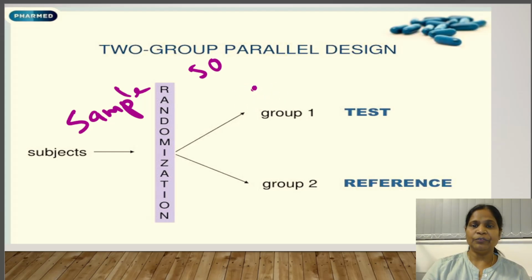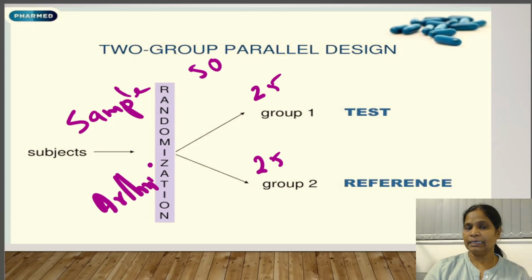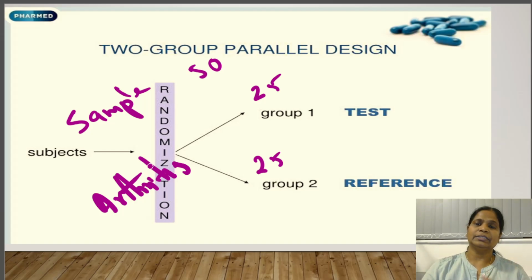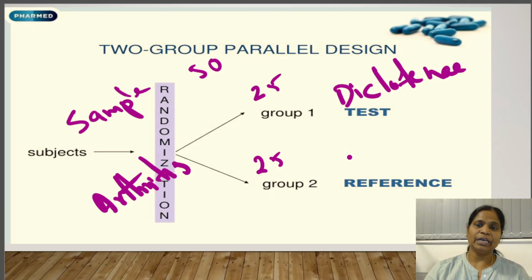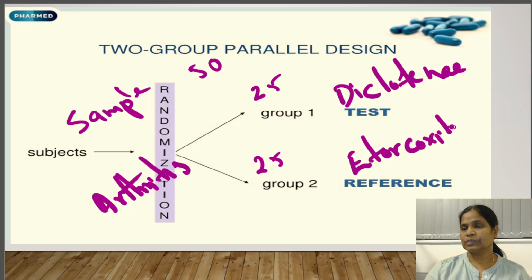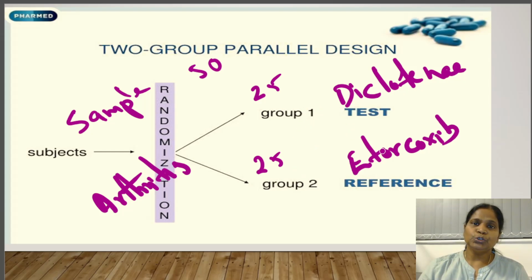Under that, 25 under group A and 25 under group B. For example, imagine they are suffering from arthritis. Now in the clinical trial, we want to test the 25 people in the first group with a diclofenac tablet, and in the other group of 25 we treat with another tablet called etoricoxib.